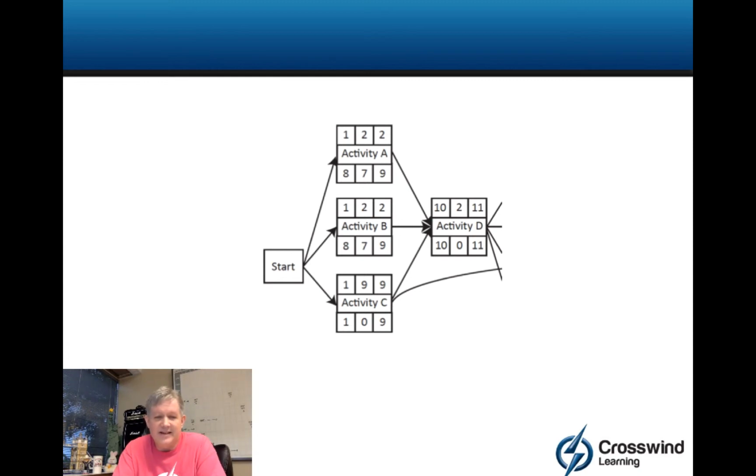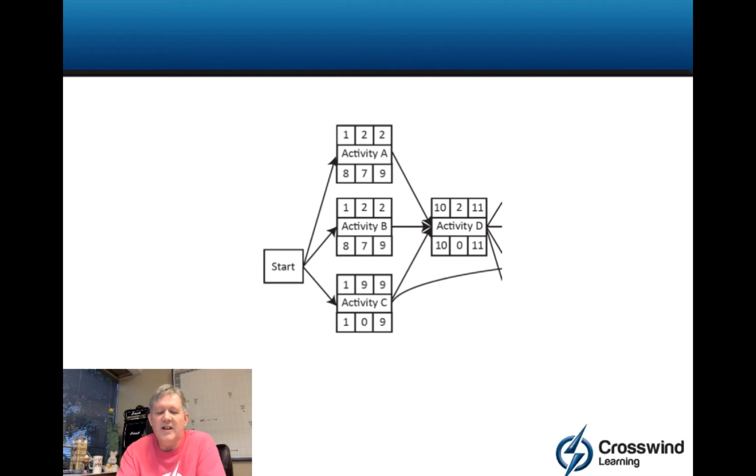So that is an example of how you could have an early finish for A, B, and C, but your early start is going to be based on the latest of those things that feed into it. And there's other logic, as far as going backwards to get your late finish and late start dates. We don't need to go there, but I'm just setting the foundation as far as where these numbers or these dates come from.